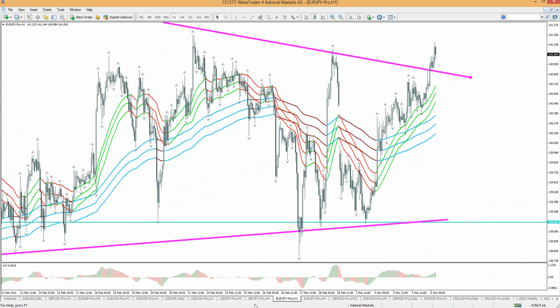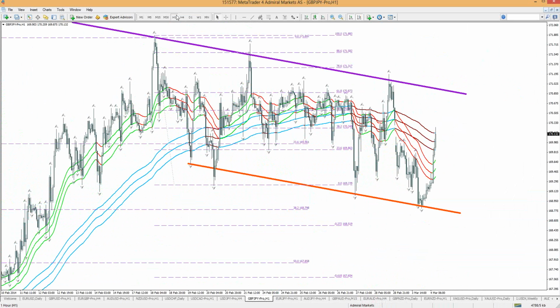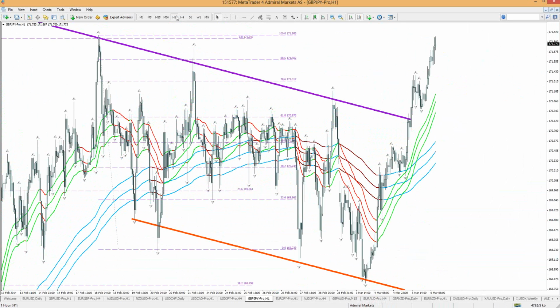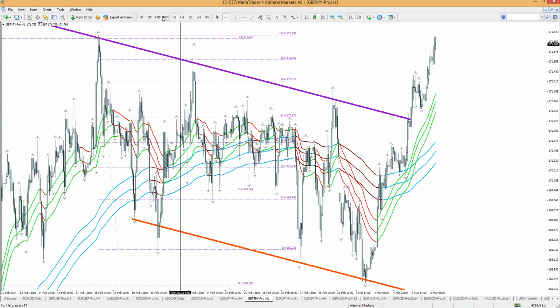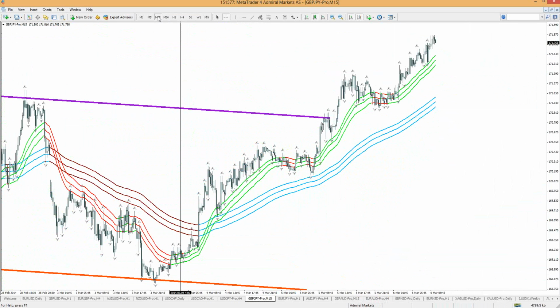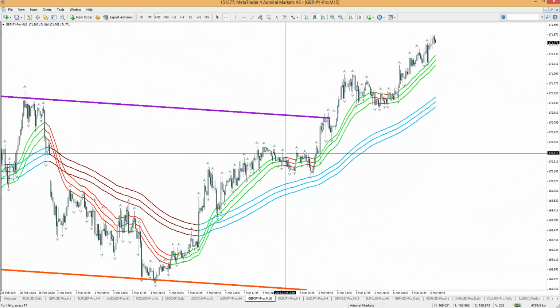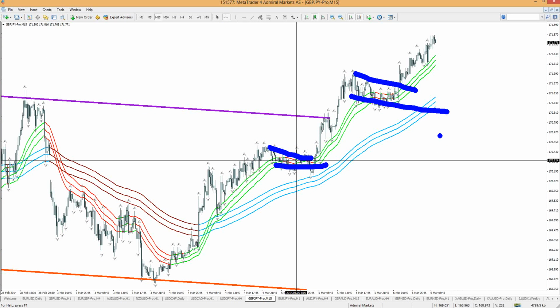Same for the pound yen. Pretty nice bull flags here.